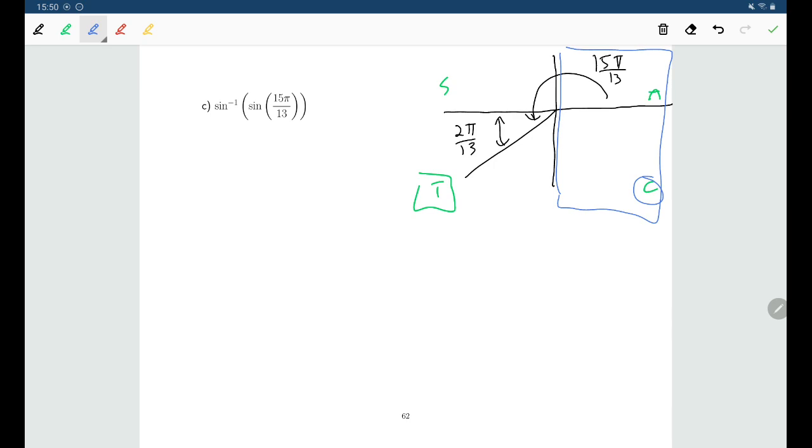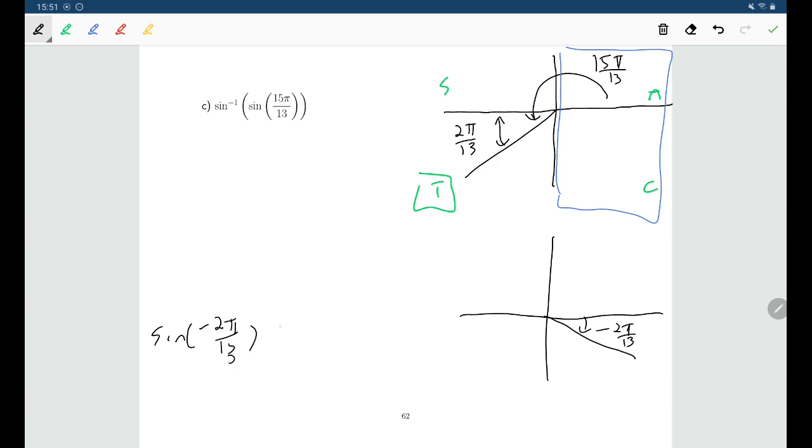And so since I know sine of 15 pi over 13 is negative, the equivalent angle, the one that's going to give me the same value for sine, would be negative 2 pi over 13. I know then that sine of negative 2 pi over 13 should have the same output as sine of positive 15 pi over 13.